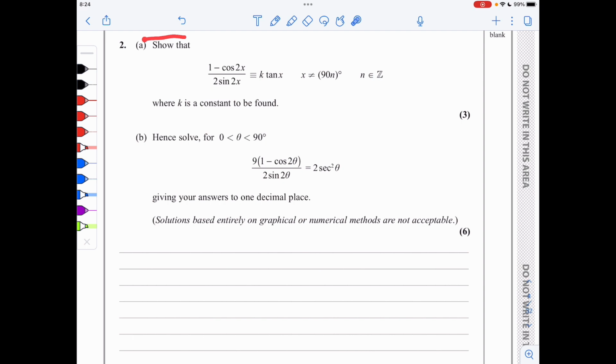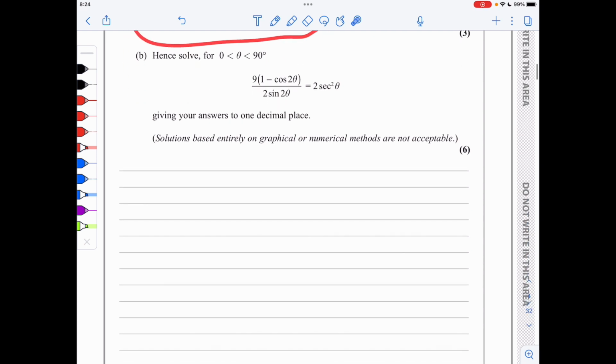In question 2, we start by showing the given identity here. I will start from the left-hand side. We've got on the numerator 1 minus cos 2x over 2 sine of 2x. So I will choose a double angle identity for cos 2x that goes in the form of 1 minus 2 sine squared x.